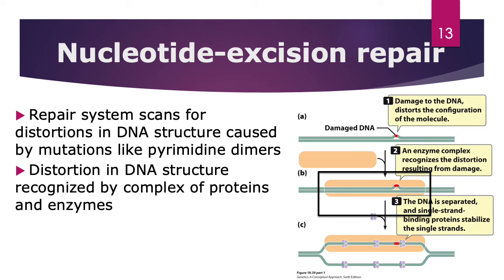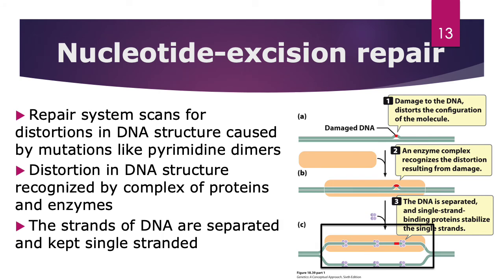Once this complex of proteins and enzymes recognizes the distortion in the DNA, it separates the DNA strand so that the DNA is no longer double-stranded and keeps the DNA strand single-stranded by recruiting single-strand binding proteins.